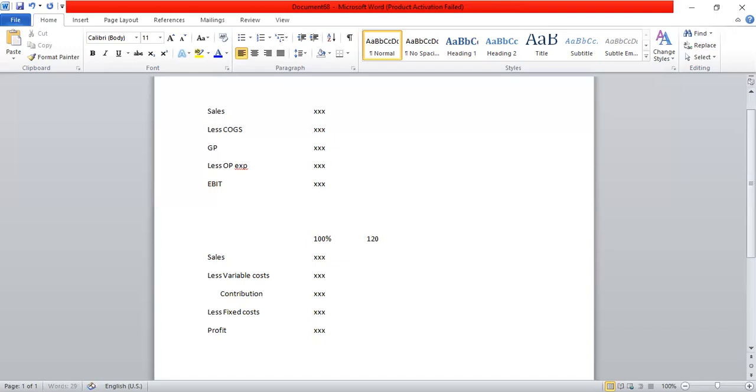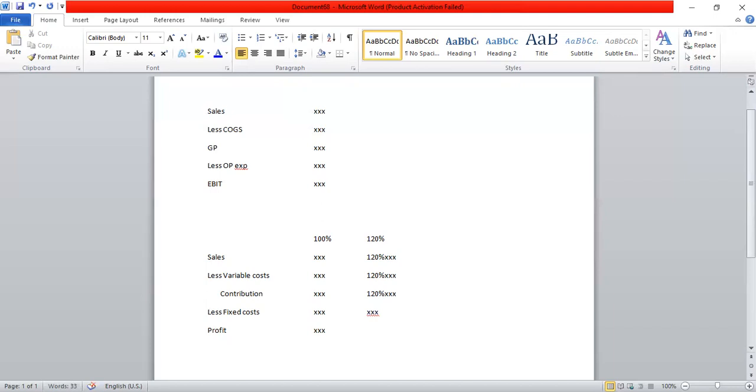So if they are increasing by 20%, whatever the sales are, it would be 120% of XXX. Variable cost also will be 120% of XXX. Then contribution also will be 120% of XXX. But do we see that change happening in the case of fixed cost? The same fixed cost would be there. And the impact on profit.